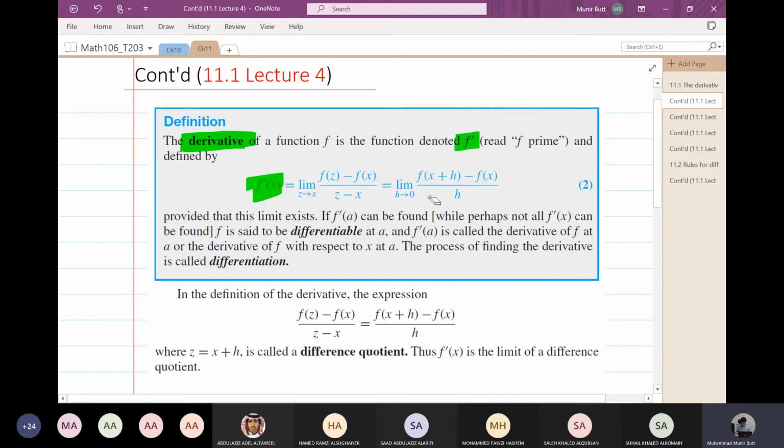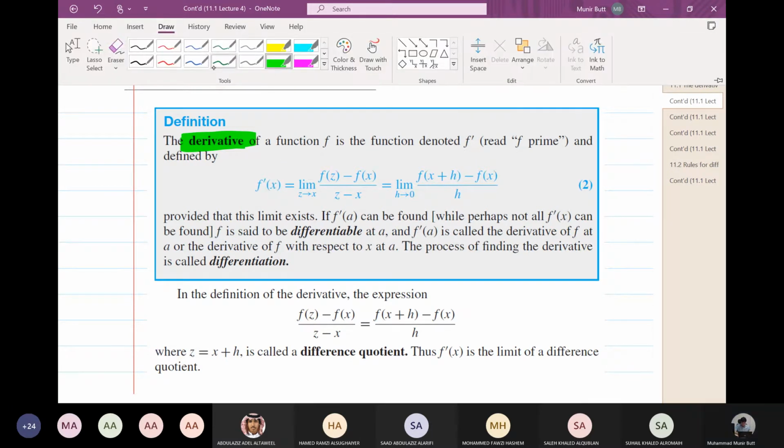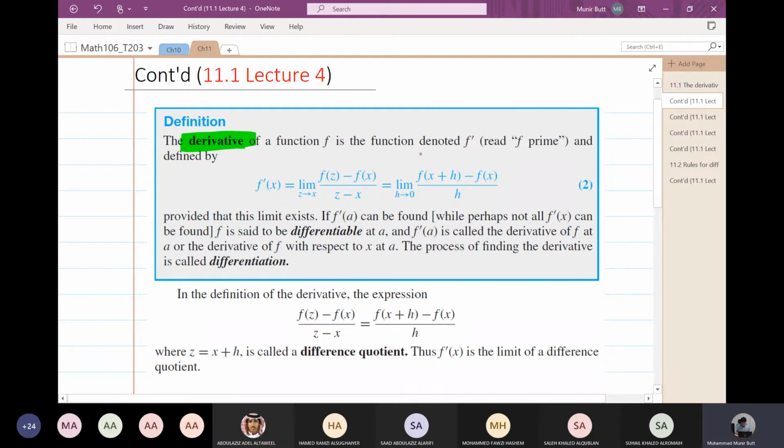So again, just for your interest, a derivative of a function f is denoted by f prime, and this is equal to the limit as h approaches 0. H approaches 0 means again the same thing, that from the point q we are coming towards the point p, as I showed you in the previous slide. So this is the idea.